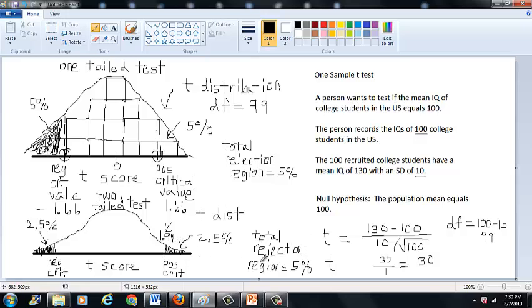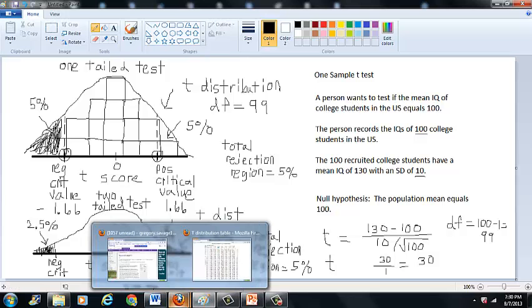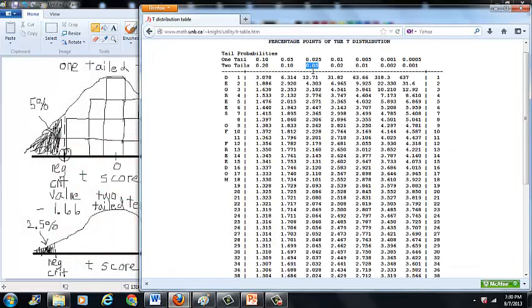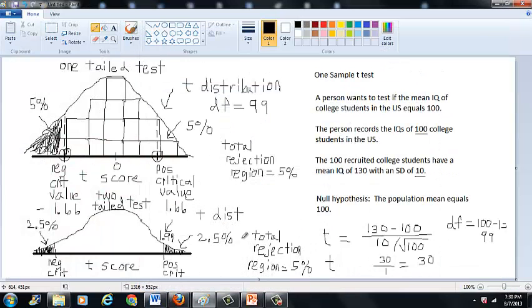So what it means when it says two tails 0.05 is that when you add up the area in both tails, meaning you add up the tail above 1.99 and the tail below the opposite, which is minus 1.99 down here, the sum of these two tails comes up to 5%.